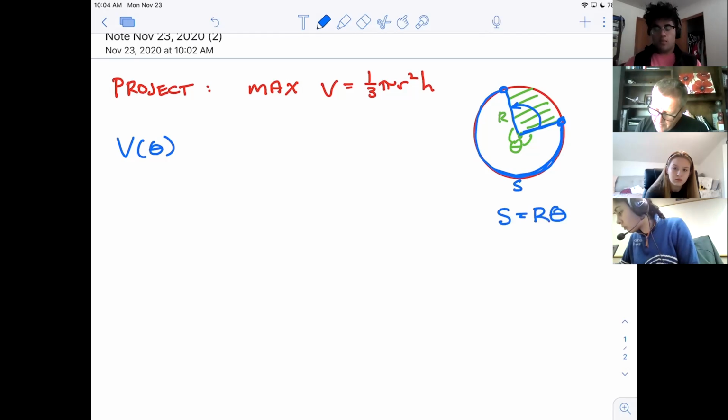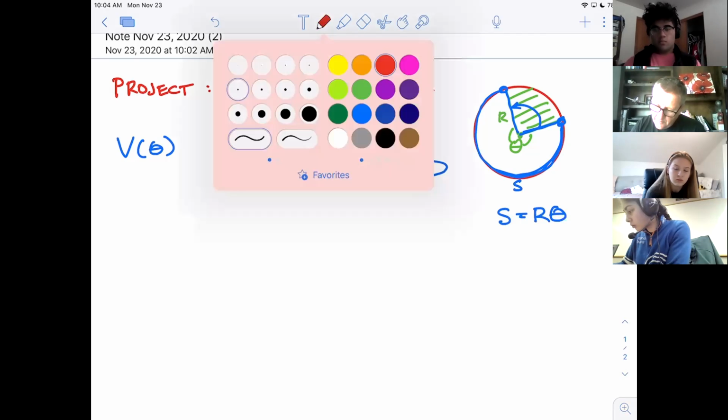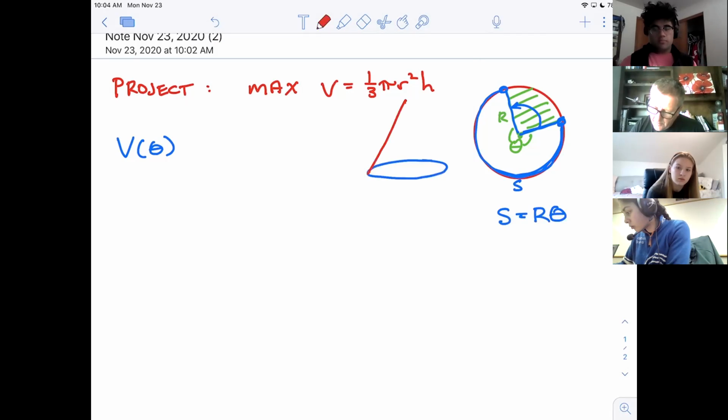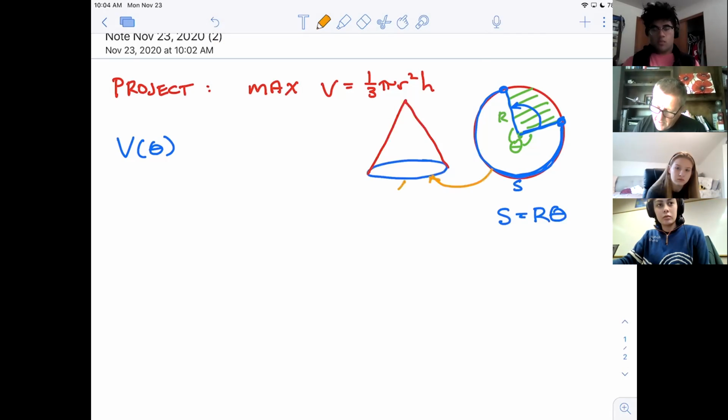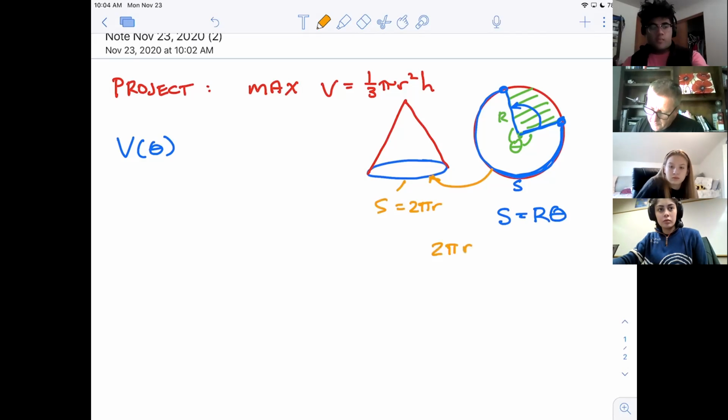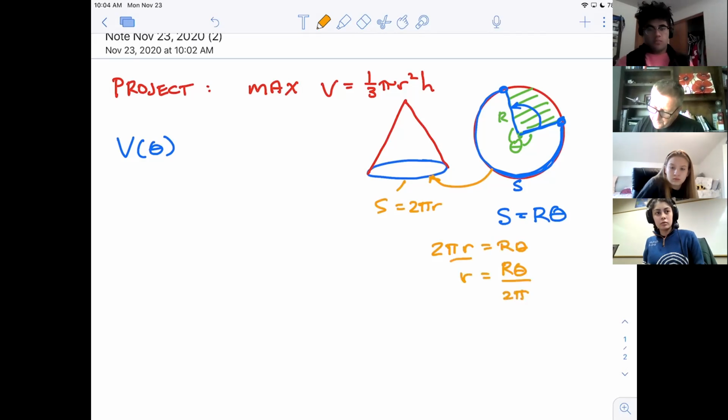And since that value, once you actually turn this into a cone, ends up right here, and since that circumference is equal to 2 times pi times r, that's in a sense also what S is. And so putting that together, you can say that 2 times pi times the radius has to equal R times theta. And so r is equal to R times theta divided by 2 pi. Most of you left class discovering that. And remember, capital R is a constant.